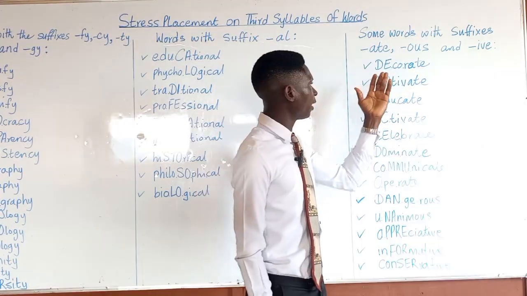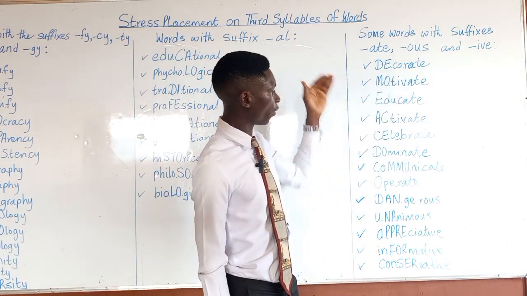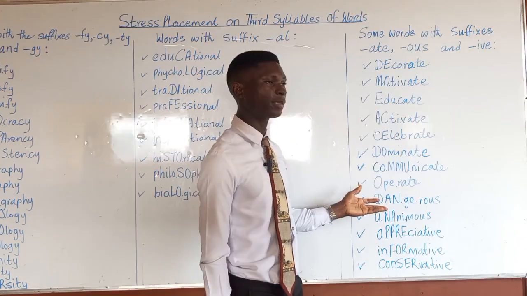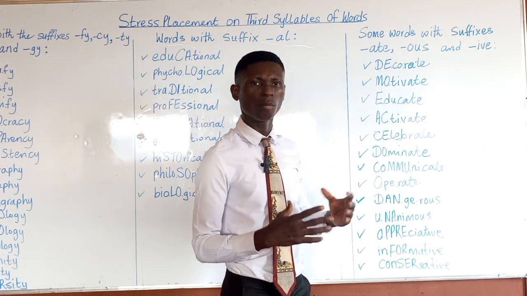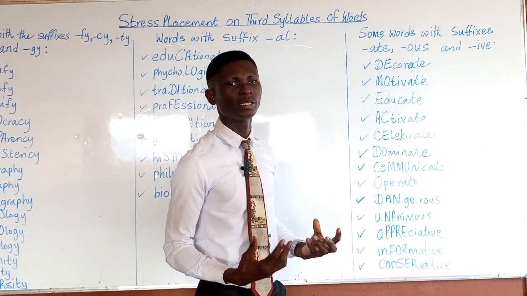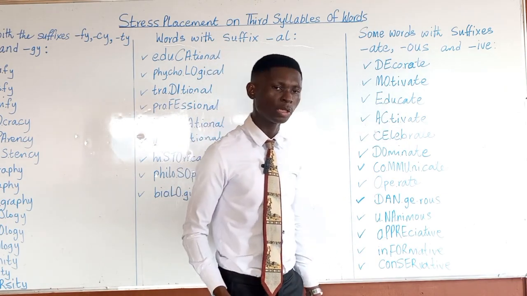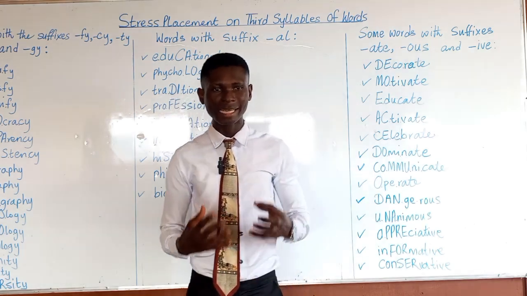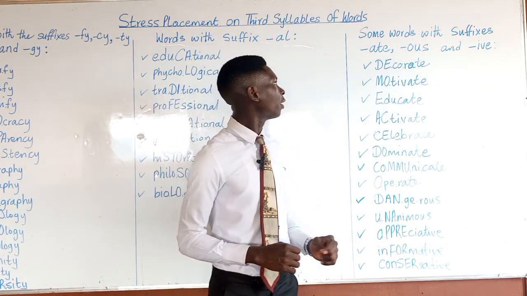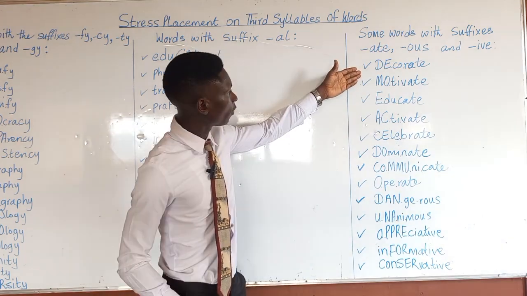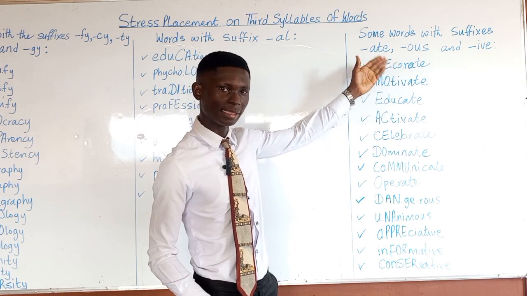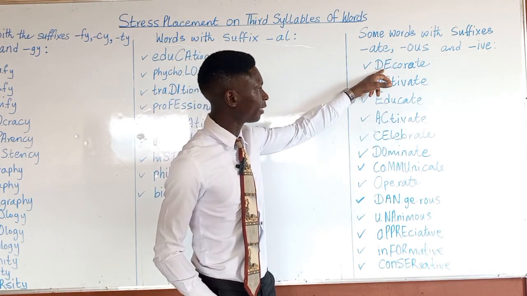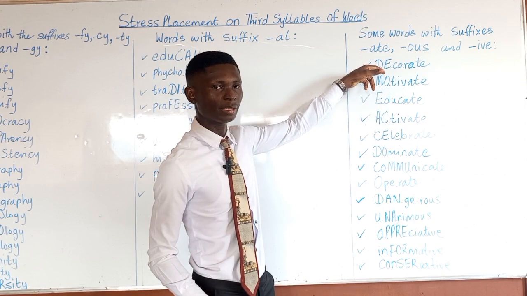Mostly under the ate suffix, we have verbs. So many verbs are often mispronounced, not in terms of the sounds in them, but in terms of the stress pattern. So you have to lay emphasis where emphasis is supposed to be laid. So considering this, that they correct, some persons you say decorrect. That is wrong pronunciation. The emphasis is on the first syllable.